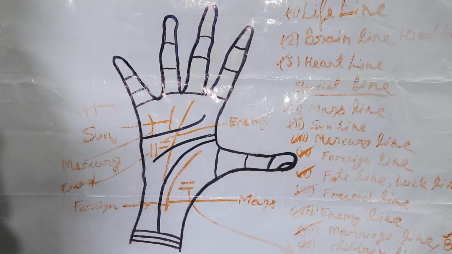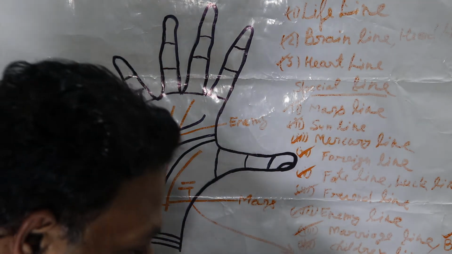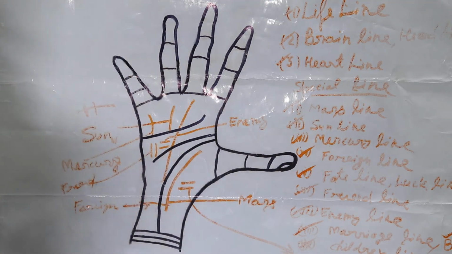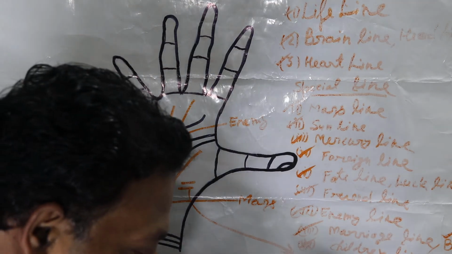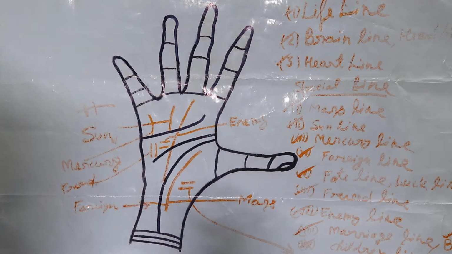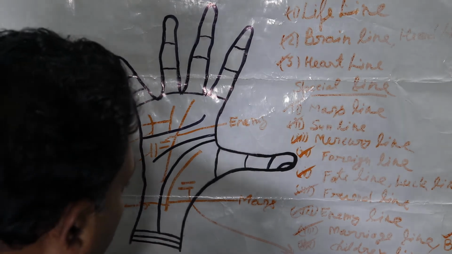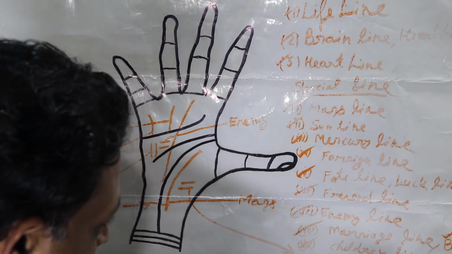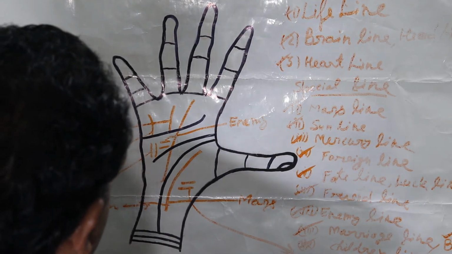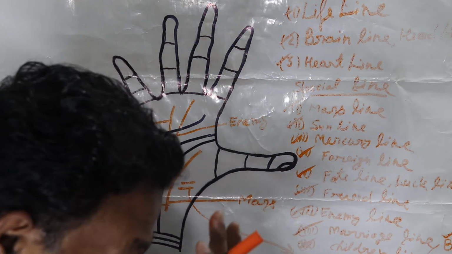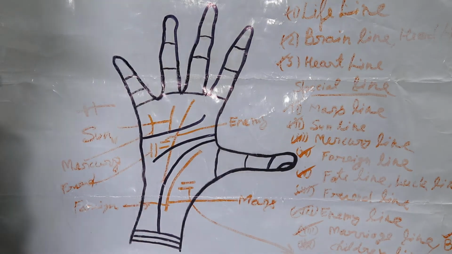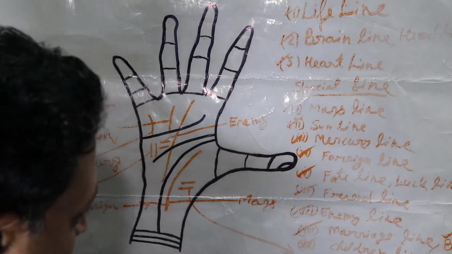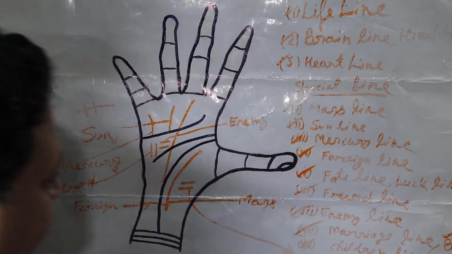So it's a very risky and very tough job, because these lines are very thin. If anyone wants to predict, we have to see with a microscope or lens. So it's a very tough job.